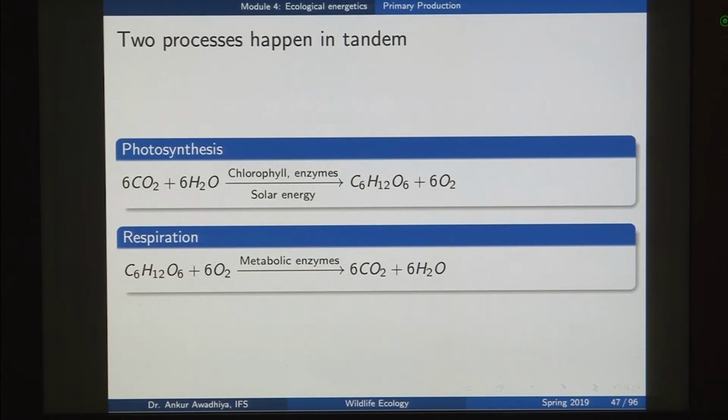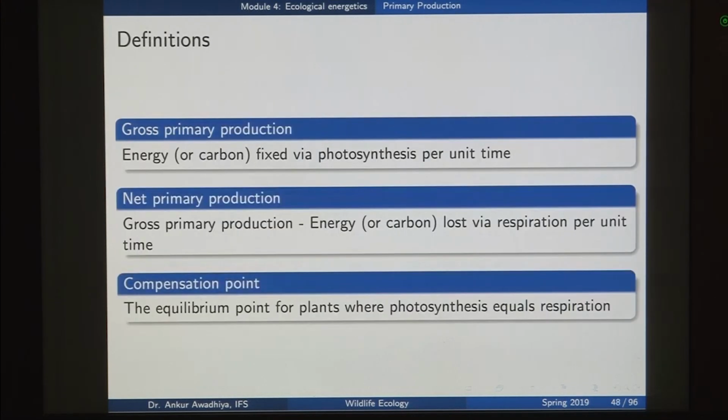Now, when both of these reactions are acting at the same time, we can define three terms. First is the gross primary production. Gross primary production is the energy or carbon that is fixed by photosynthesis per unit time.